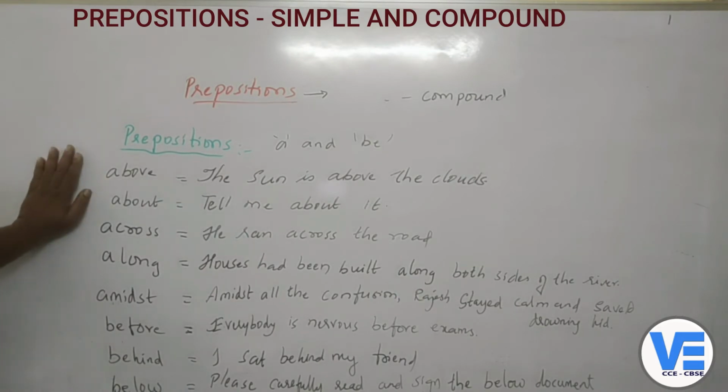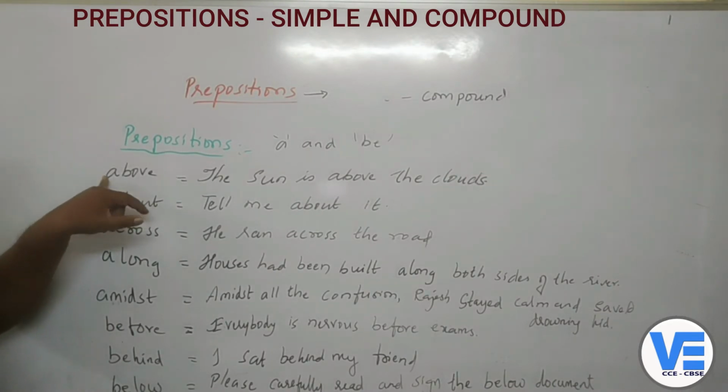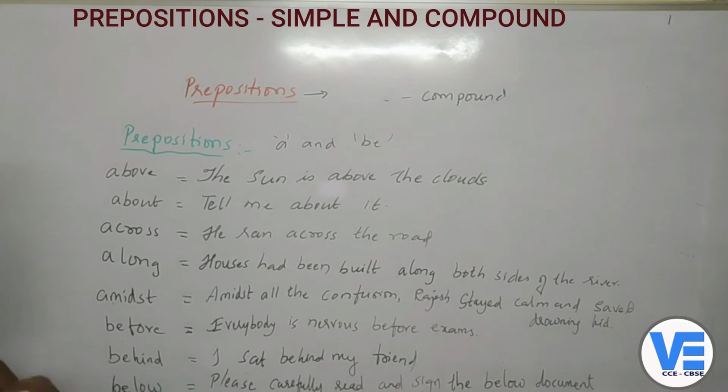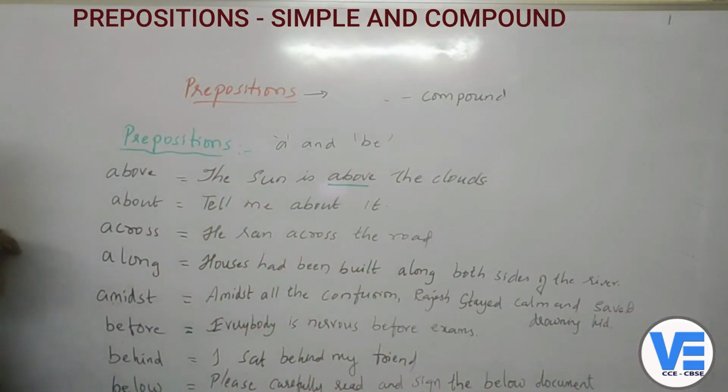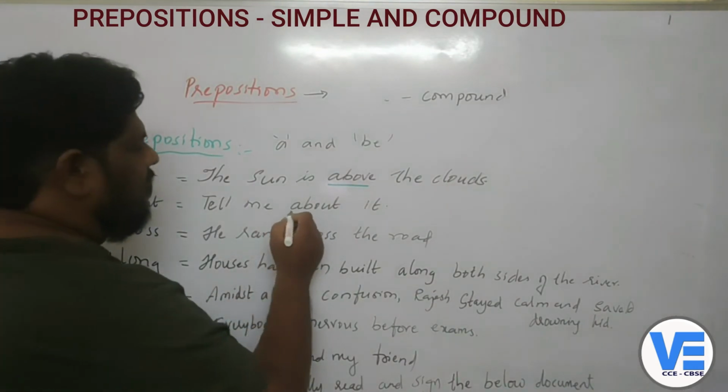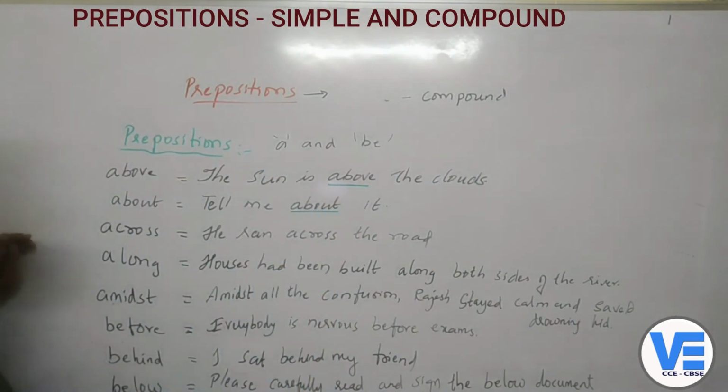So I have given some examples on the board here. If you take the word above, you can use it this way: the sun is above the clouds. If you take about, you can use it this way: tell me about it. I want to know more about it.